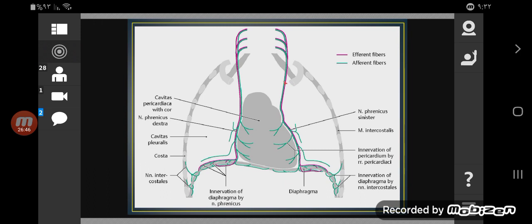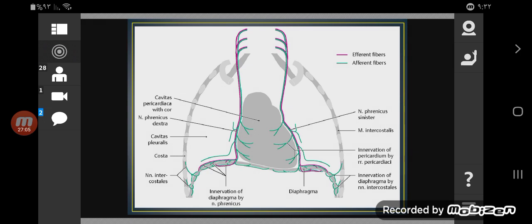The red fibers in this picture are the efferent or motor fibers.